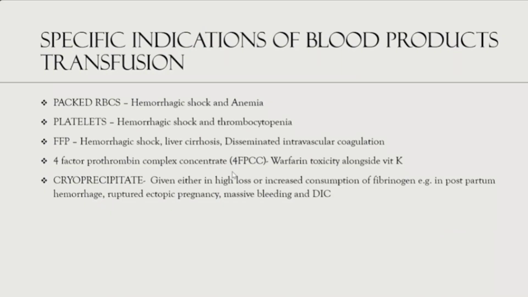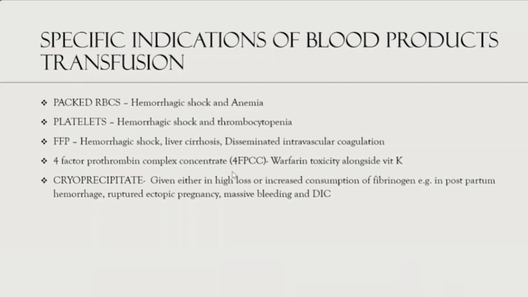Why? Because these people have lost so much blood. And remember, the blood constitutes all these. So if we only give packed red blood cells, we are going to dilute the platelets that are there. We are going to also dilute the plasma that they have. So in hemorrhagic shock, we give packed red blood cells. We also give platelets. We also give fresh frozen plasma.